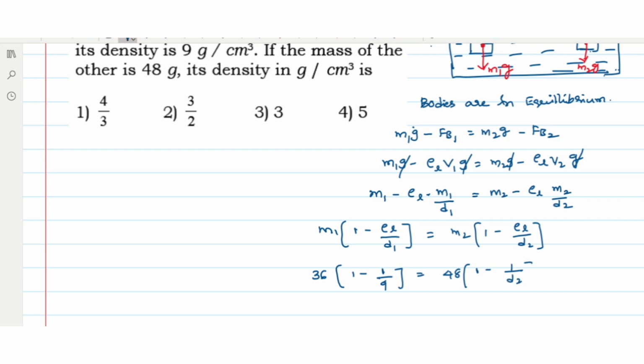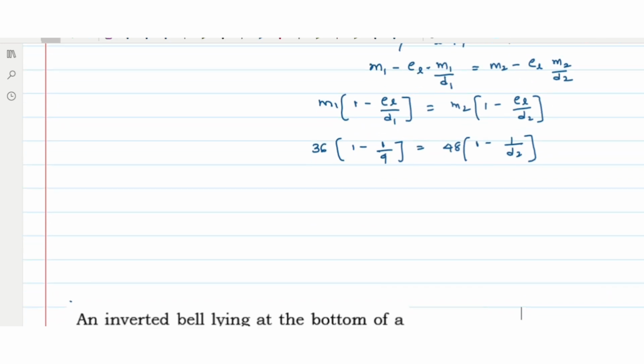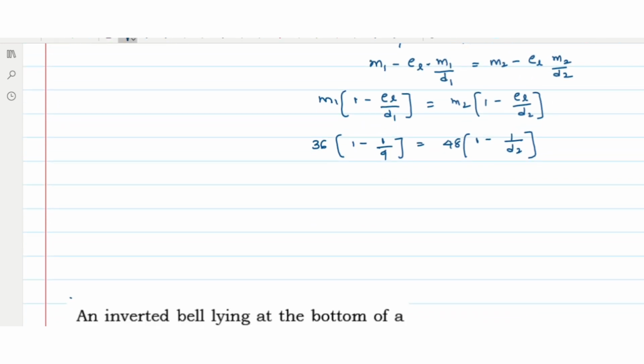Simplifying, we get 36 into (1 minus 1 by 9), which is 8 by 9, equivalent to 48 into (1 minus 1 by d2).